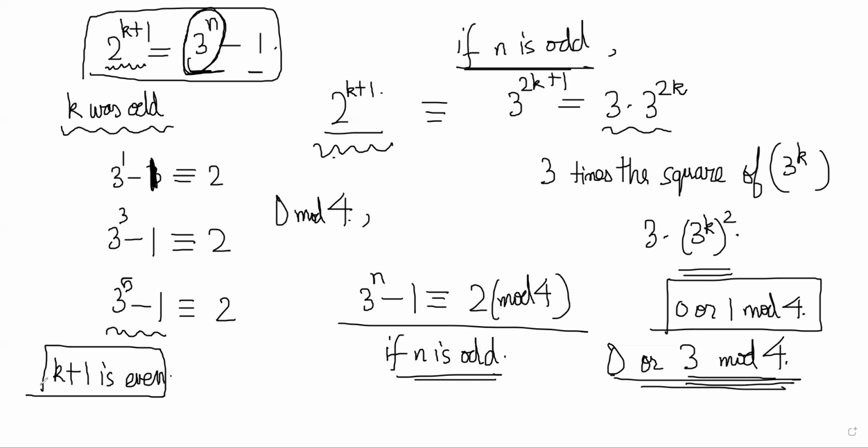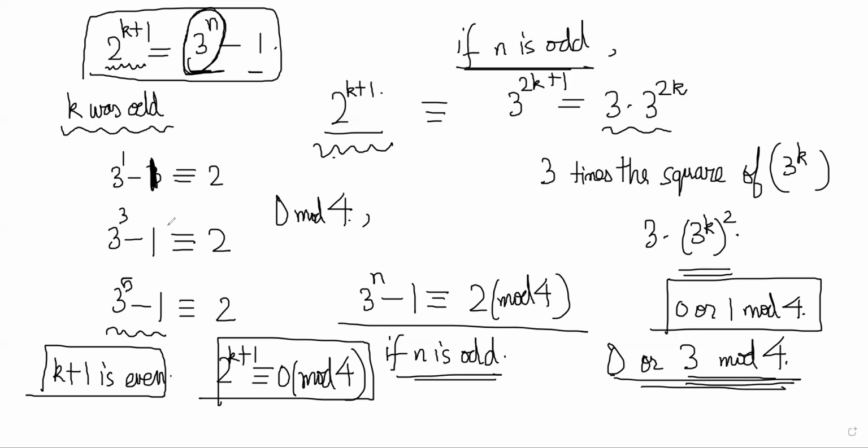K plus 1 is even means 2 power k plus 1 is 0 mod 4. So earlier, if you remember, what was k? K was an odd number because we had taken m is equal to 2k earlier, where 2m was an even number, right? We had taken that. So k is an odd number. Therefore, k plus 1 is even number. So 2 power k plus 1 is basically 0 mod 4. And 3 power n minus 1 will become 2 mod 4 if n is odd. So that implies that n cannot be odd. So n must be even.